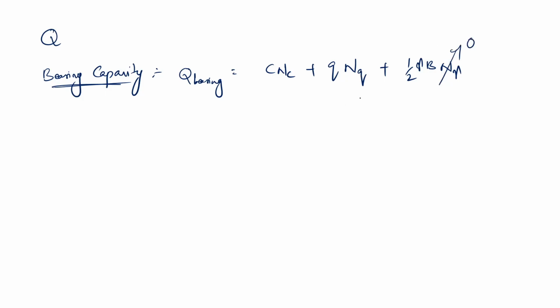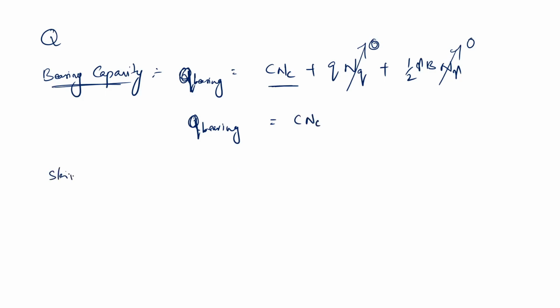As it is net capacity, this will become 0. So you will be left with only this. Q bearing will be, I'll refer with small q because it is in terms of pressure. Bearing capacity in terms of kPa. So that is cNc, bearing capacity.